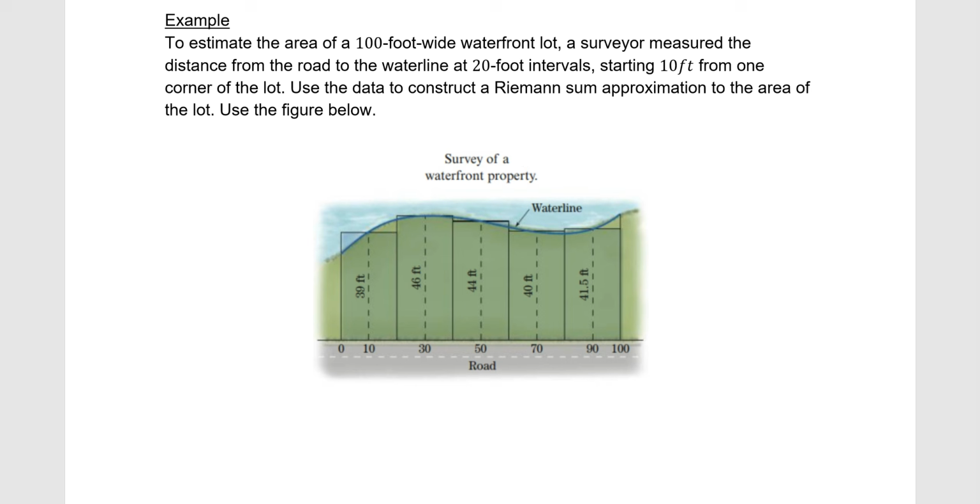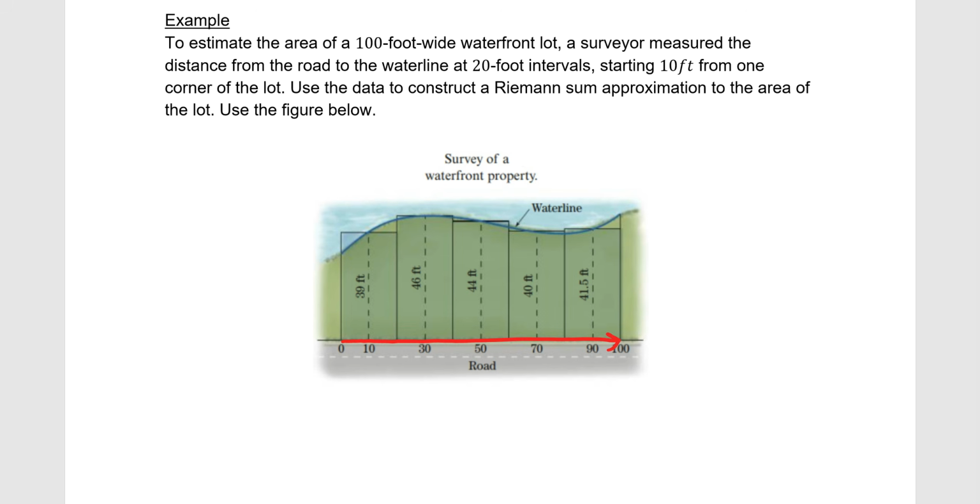Okay, let's see an application type example first. To estimate the area of a 100-foot wide waterfront lot, a surveyor measured the distance from the road to the waterline at 20-foot intervals, and they did this starting 10 feet from one corner of the lot. Use this data to construct a Riemann sum approximation to the area of the lot. So we have this waterfront lot from 0 to 100.